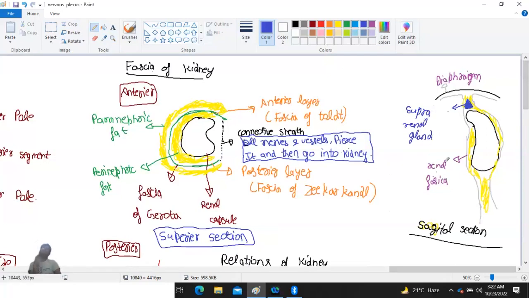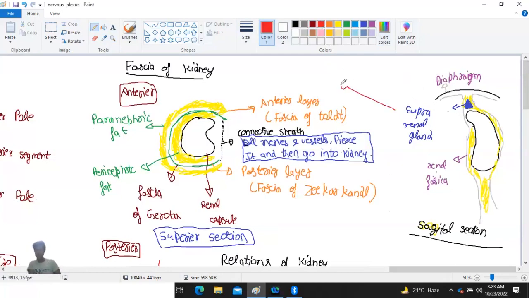This suprarenal gland also has a different blood vessel supply. It has three arteries. The superior artery for the suprarenal gland originates from the inferior phrenic artery. The middle artery originates from the abdominal aorta, and the inferior is from the renal artery. So it has three arteries.